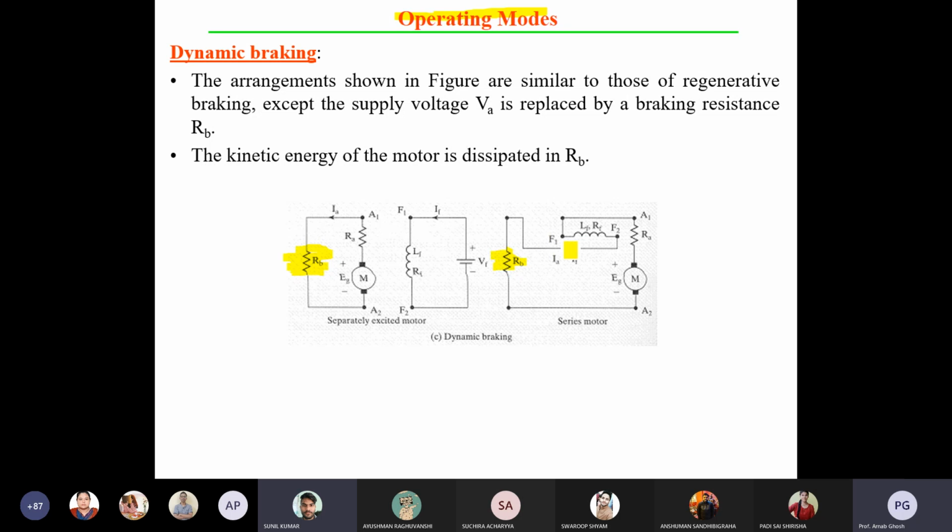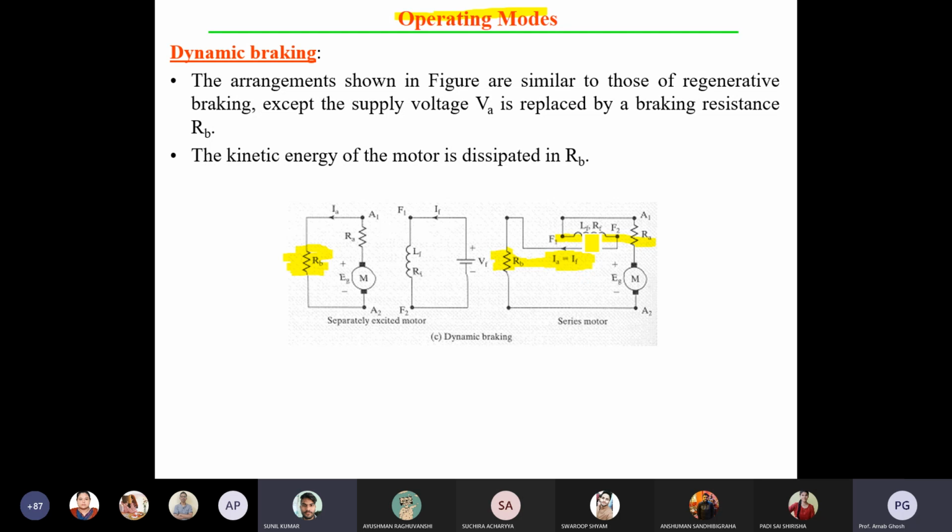Again, in these conditions the direction of current will be reversed compared to motoring. In the motoring condition you consider the current positive, and in any other condition, whether regenerative, dynamic braking, or plugging, the current direction may be reversed. That's why you can say these are braking conditions.